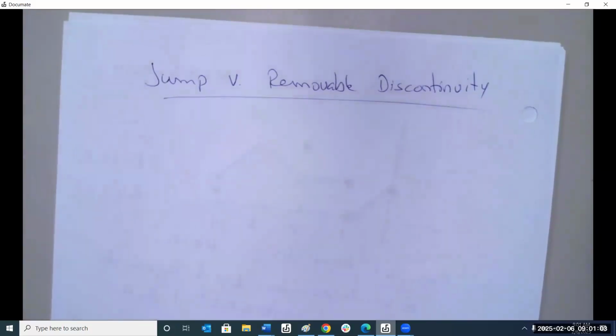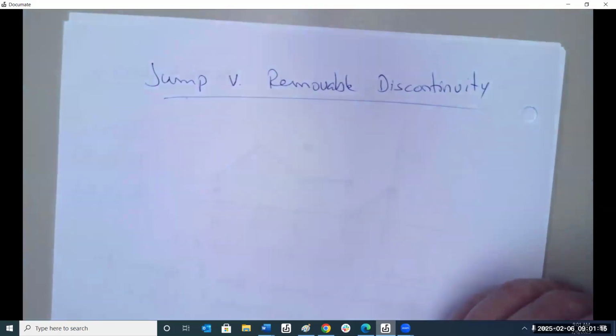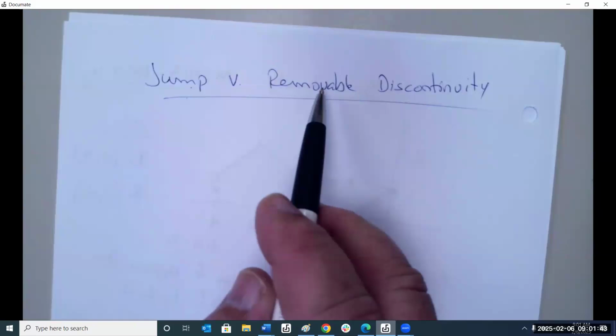With what we know so far, without looking at the graph, how do we find a jump discontinuity? How do we find a removable discontinuity? At the endpoints. Well, you don't have a graph. You just have a function. If I give you any function, how do you know if you have a jump discontinuity versus a removable discontinuity?